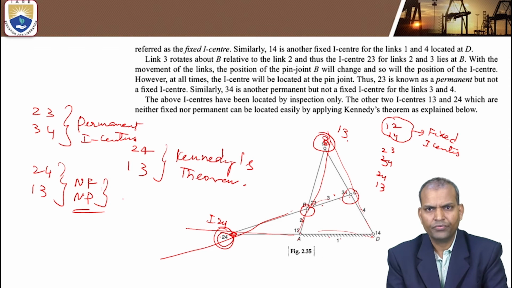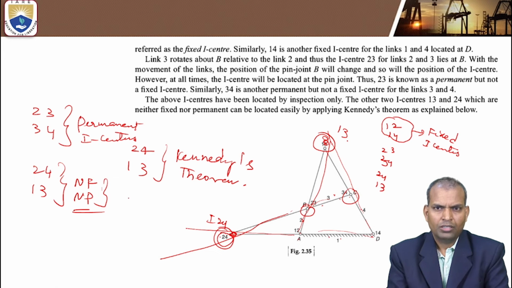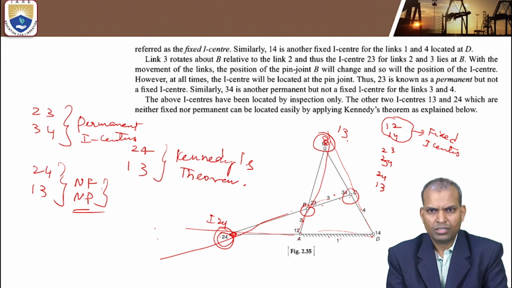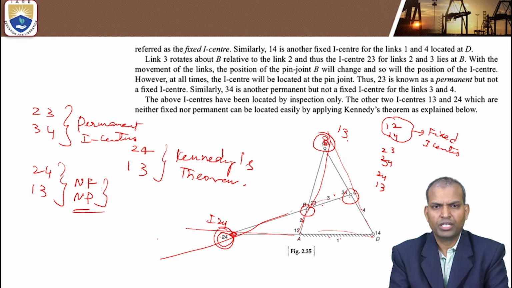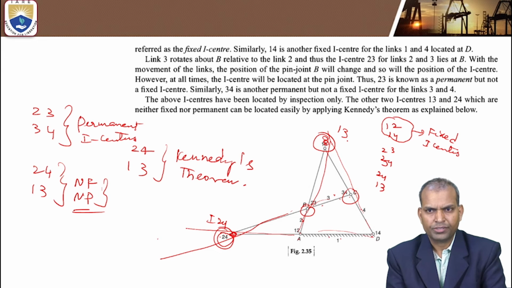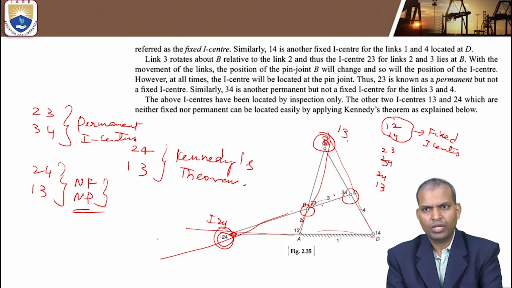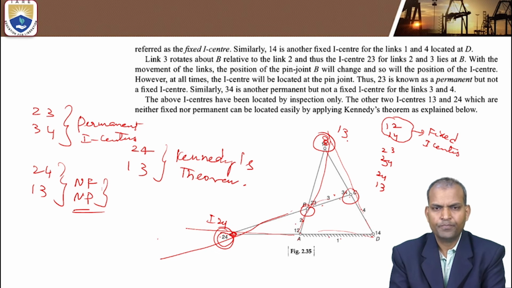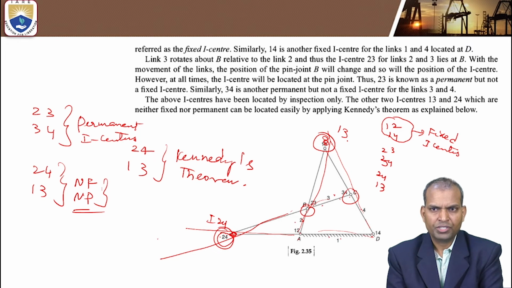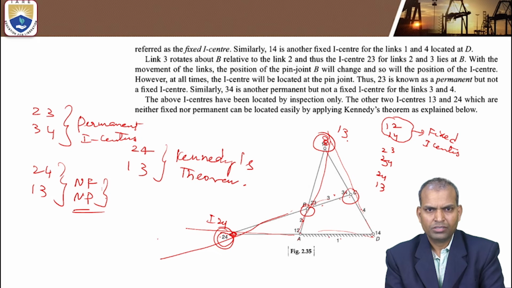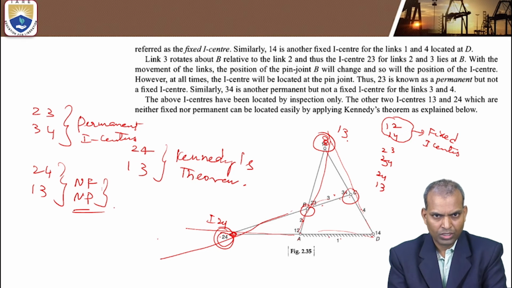So these are the three types of I centers. In examinations, they ask questions like: explain the classification of I centers with a valid example. So you have to consider this 4-bar chain mechanism and locate the I centers, and mention what are fixed I centers, what are permanent I centers, and what are the neither fixed nor permanent I centers.